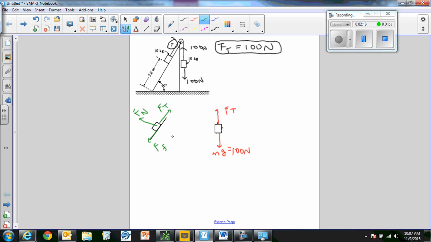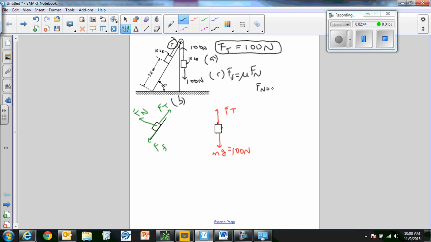Then it asks me to determine the magnitude of the frictional force acting on the box. Well, I know the frictional force equals the coefficient of friction times the normal force. So I have to know the normal force.